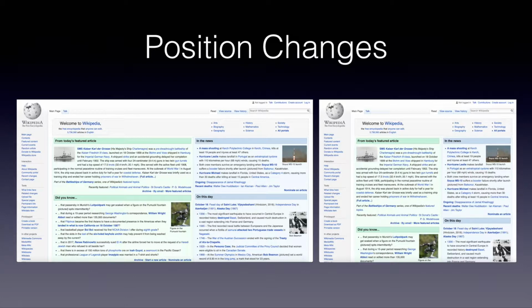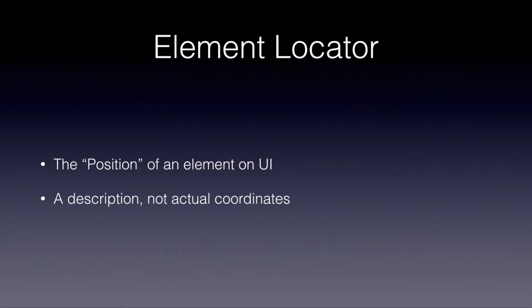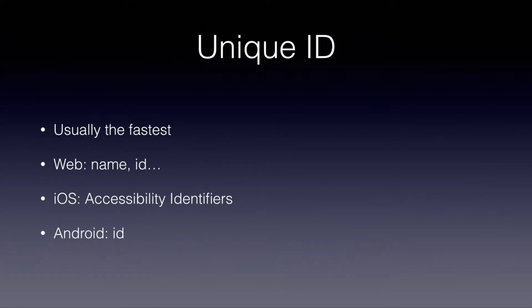So we have the element locator. It's the position of the element on the UI, and it's a description, not the actual coordinates of the element. We have a type of element locator called the unique ID, and it's usually the fastest.